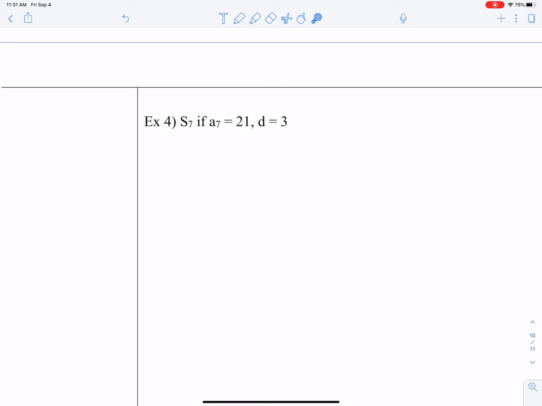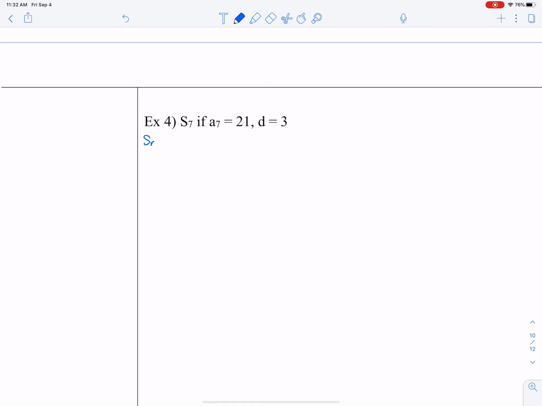So in this one it says it wants us to find Sn if this is A7. So this means the Tn is 21 and D is 3. They do not give us an A1.